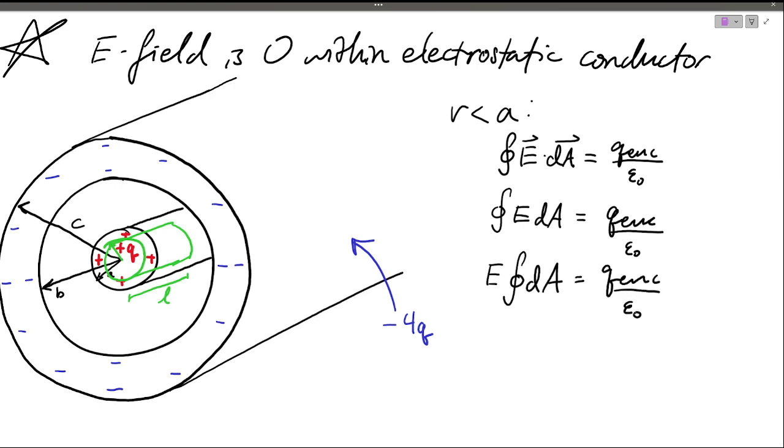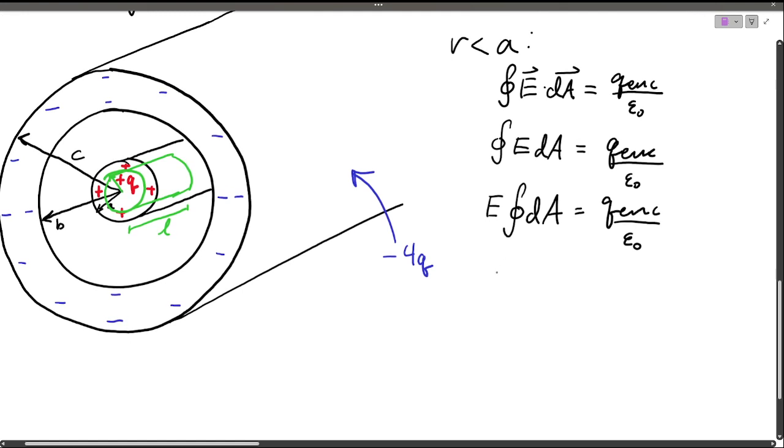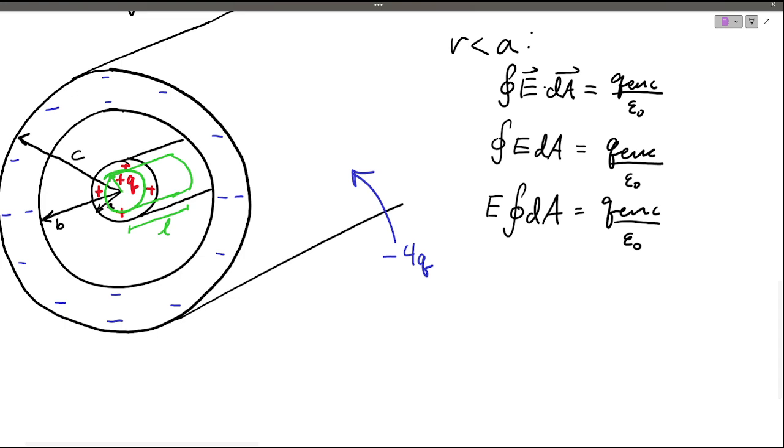And then we can just pull out the surface area of the cylinder. Take note, this surface area is not including the end caps, because by our previous logic, the end caps aren't contributing anything to this E field integral. So just the round surface of the cylinder is 2 pi r L times E is equal to Q enclosed over epsilon naught.